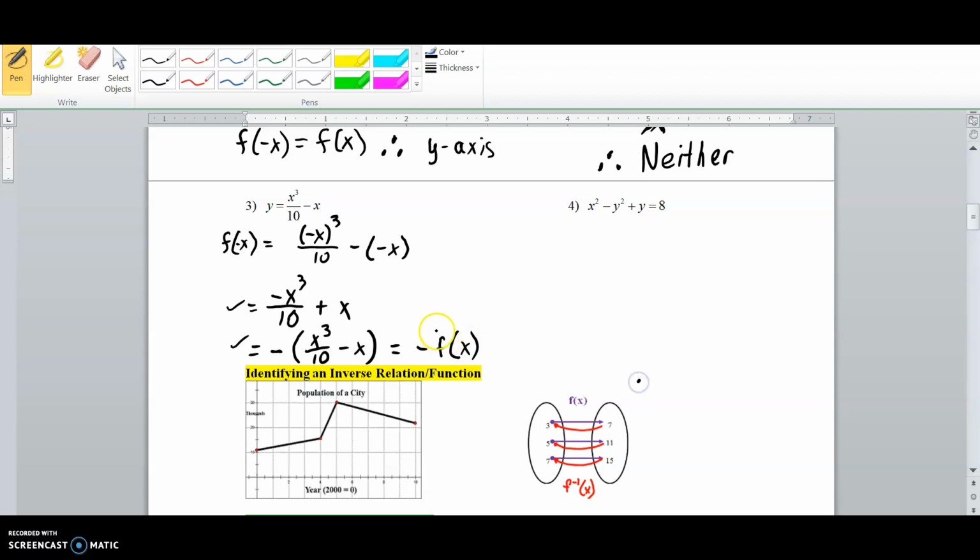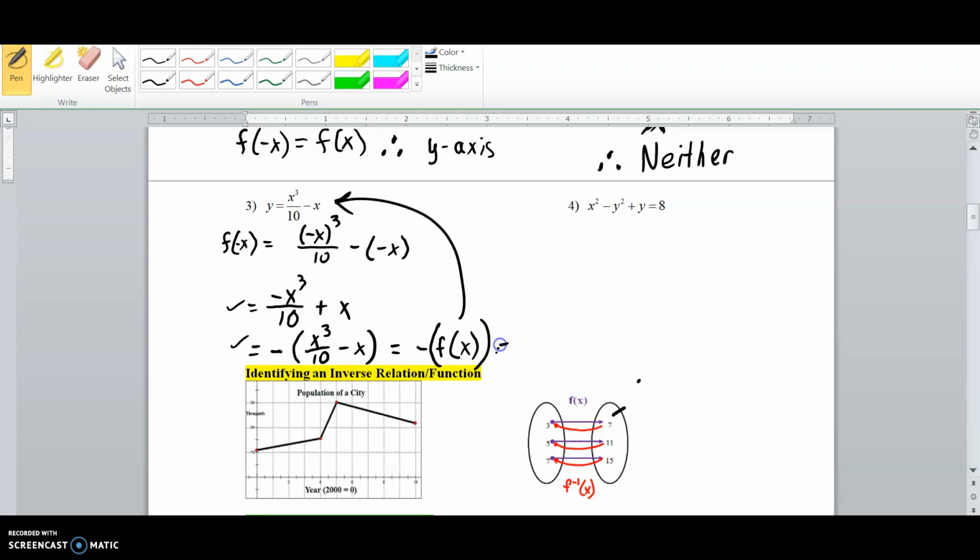So f of x here looks like that, x cubed over 10 minus x. If I throw a negative sign out front of that, negative of f of x, it's the same as here where I have a negative of the function x cubed over 10 minus x.